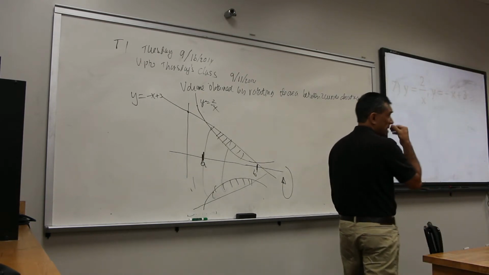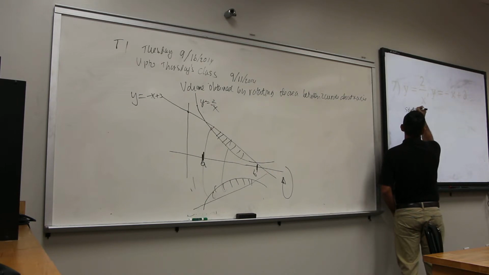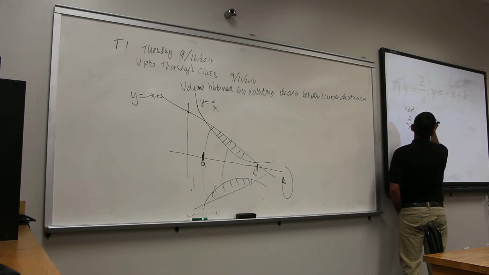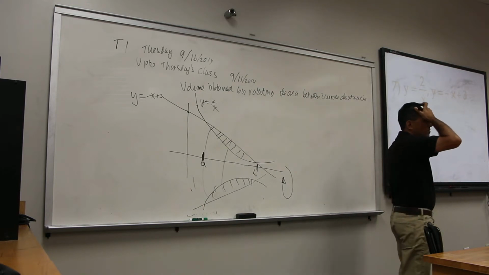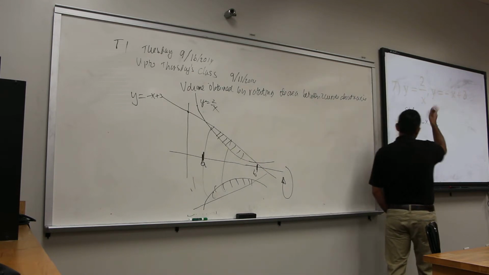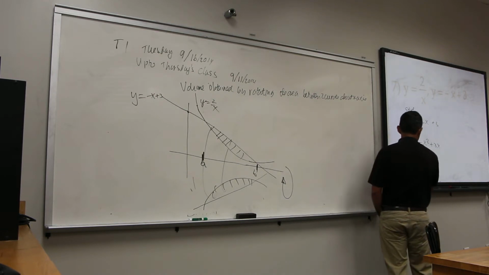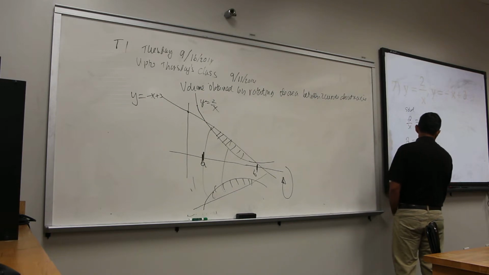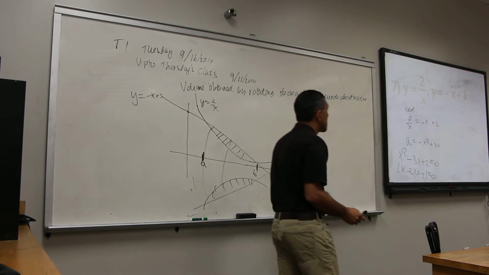So in order to do that, I will need to solve this equation. Well, you multiply by x, you clear the fraction, you get 2 equals negative x squared plus 3x, you take the x squared to that side, you get x squared minus 3x plus 2, you know your factor. So x equals 1 and x equals 2.